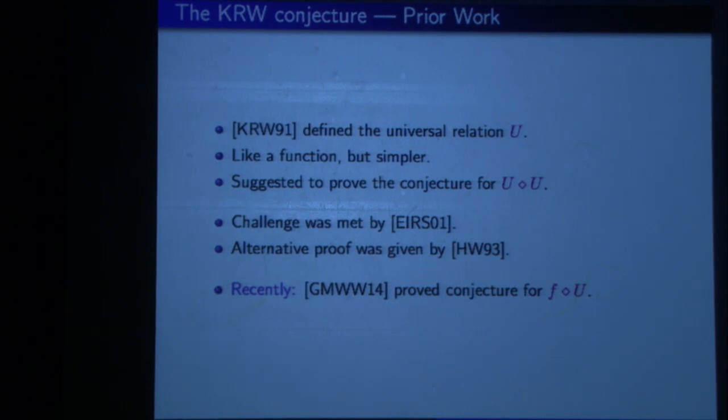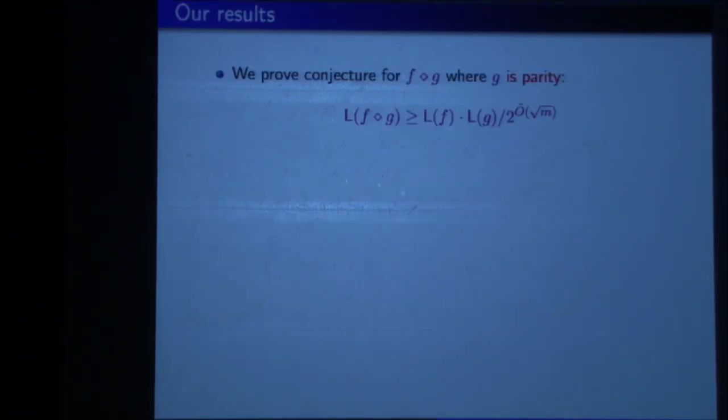I'm not going to define what a universal relation is because it's not important for this talk, but really the basic idea is that it's simpler than functions. So we already have it for the composition of two universal relations, and we already have it for the composition of a function and the universal relation. So all that's left is to replace the universal relation in the last line with a function g. What we do in this work is prove the conjecture for the composition of f and g when g is the parity function.